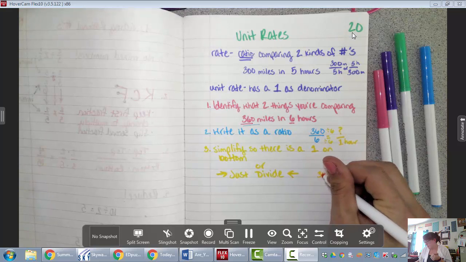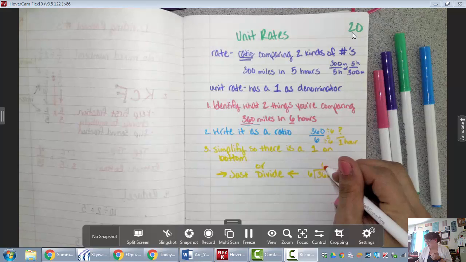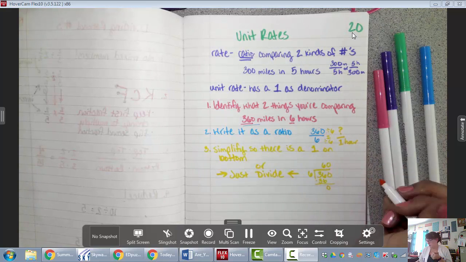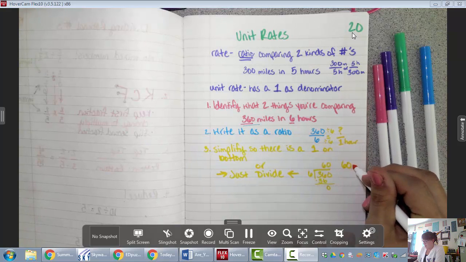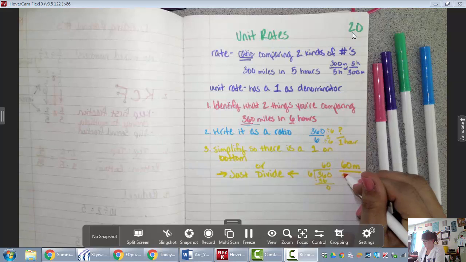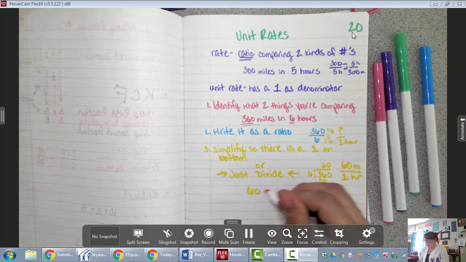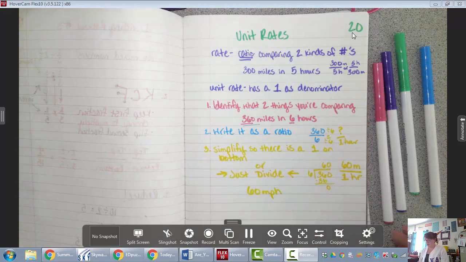So 360 divided by 6, 60. So it's 60 miles per 1 hour, or you have 60 miles per hour.